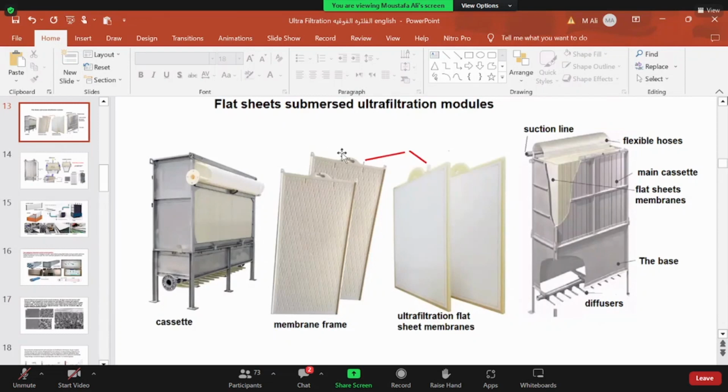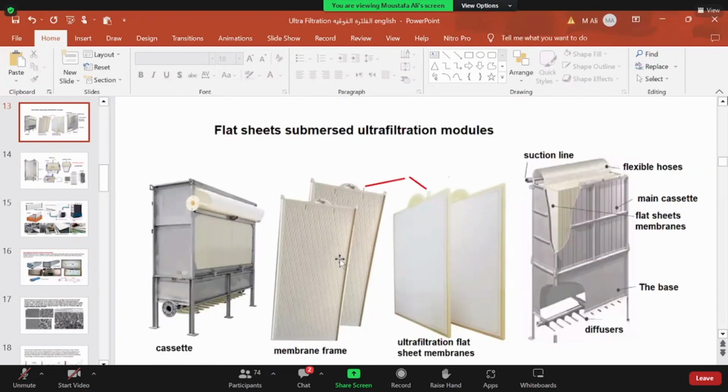We have two types, as shown in the first figure and the first classification page. We have the flat sheet and we have the hollow fiber, as shown in the figure. We can see it clearly in this figure. If we check how it is made or manufactured, we have a frame.